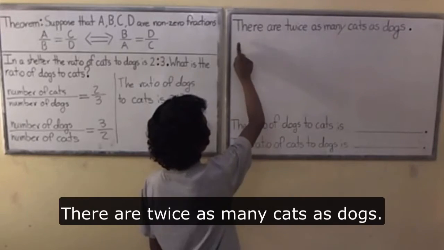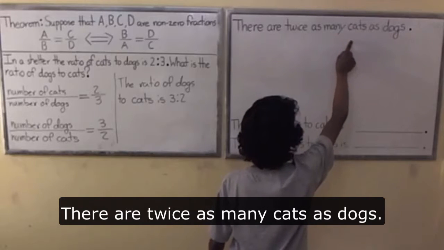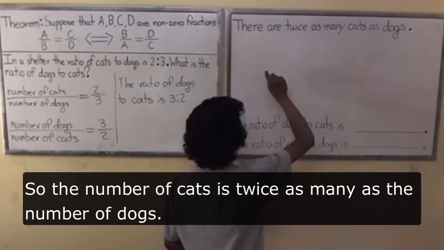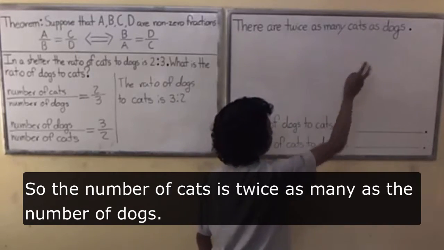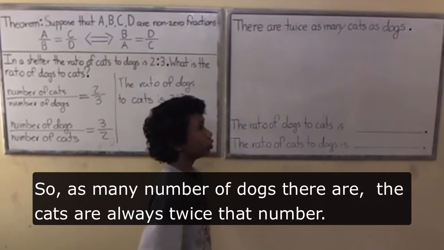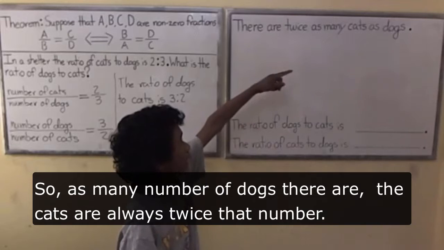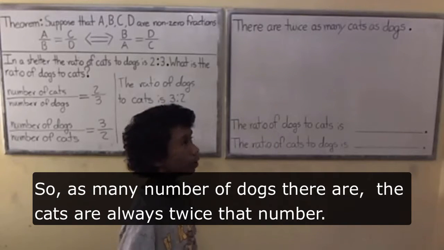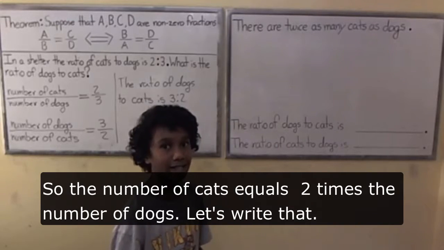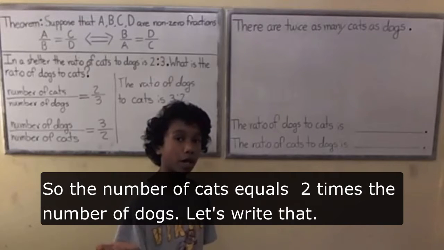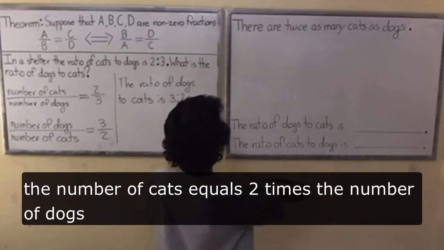All right, there are twice as many cats as dogs. So the number of cats is twice as many as the number of dogs. So, as many dogs as there are, the cats are always twice that number. So, the number of cats equals 2 times the number of dogs. Let's write that.